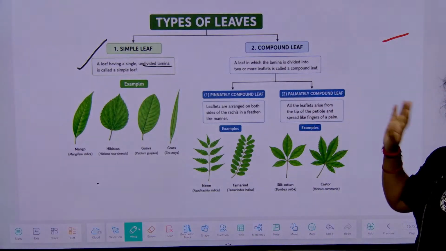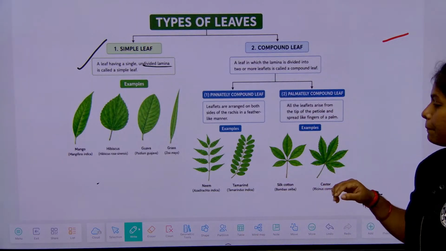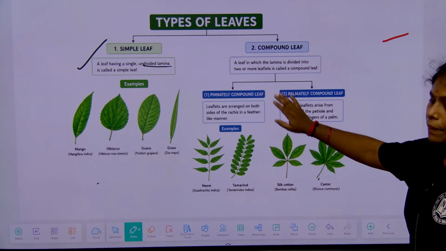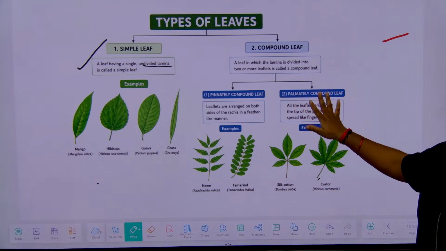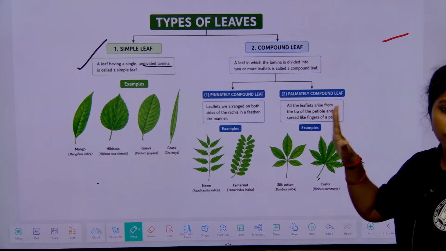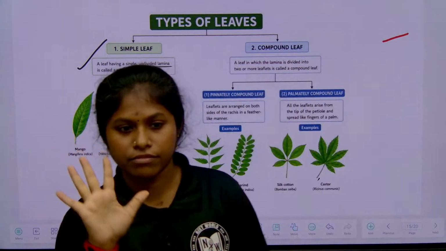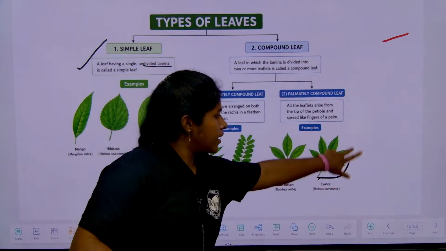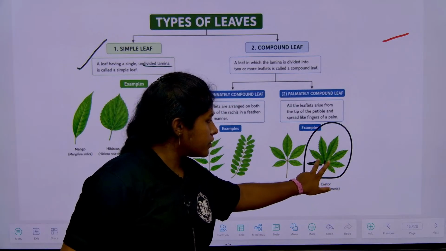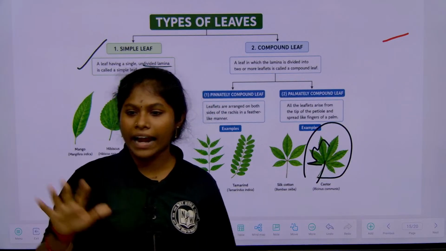Coming to the compound leaf, there are two types, pinnately compound leaf and palmately compound leaf, where palm means five. It appears exactly like this: from the tip of the petiole, the leaves will be like a hand.